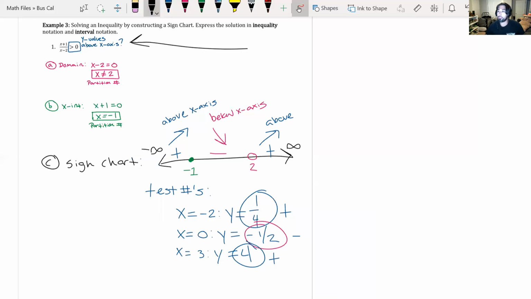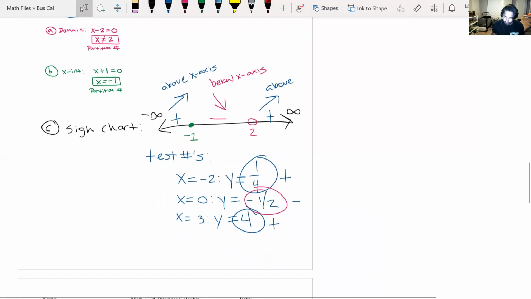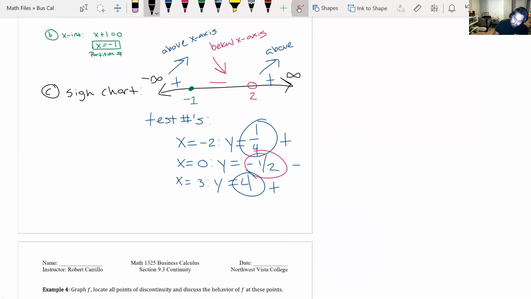That's what we want to know. So look at your sign chart and let's see those intervals. So this is D. We want to know for our rational function, on what intervals are my y values above the x-axis.